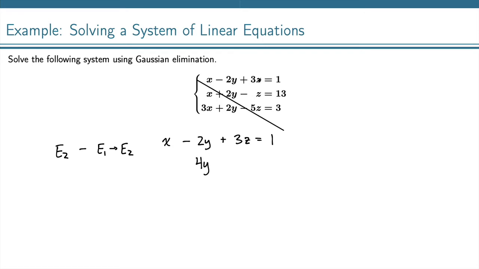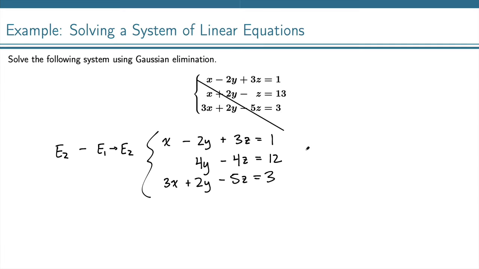And then -z minus 3z is -4z. And 13 minus 1 is 12. Okay. And then we have our 3x plus 2y minus 5z equals 3. Okay. So that's the system that this operation gives us.